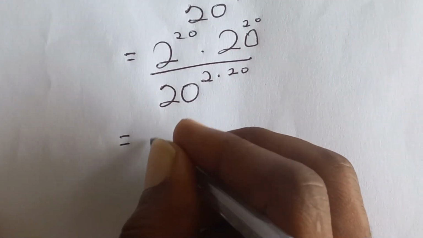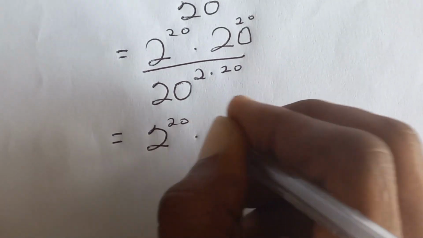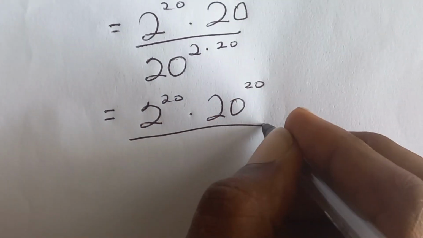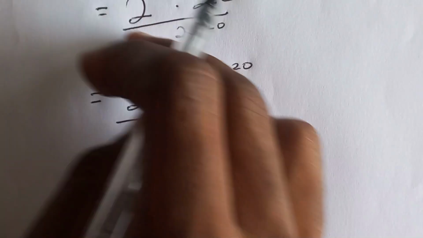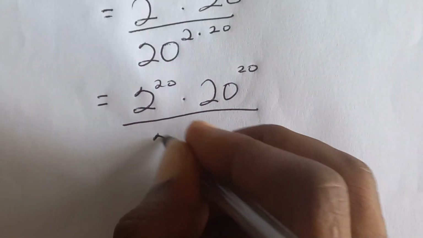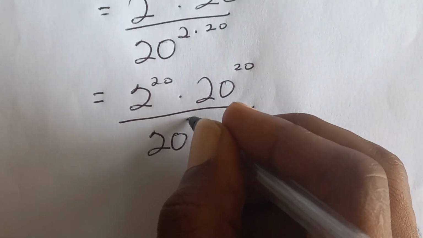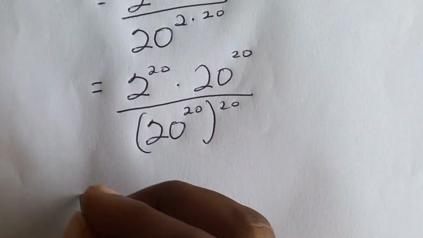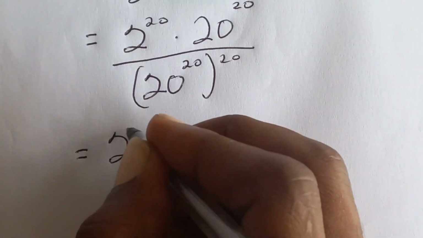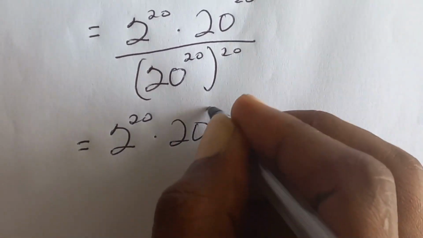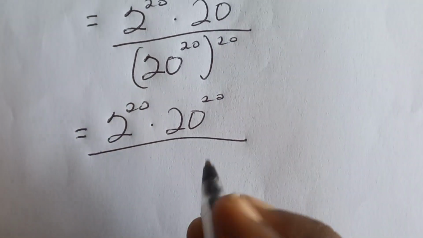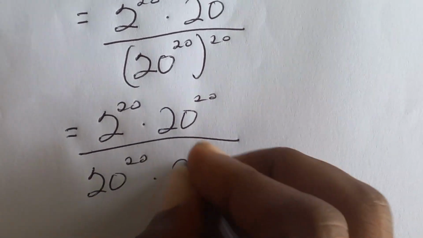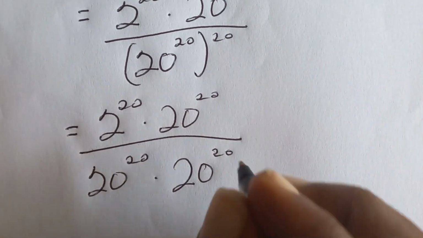So which is equal to 2 exponent 20 multiplied by 20 exponent 20 on this here can be written as 20 exponent 20 bracket squared. Okay, so which means that our 2 exponent 20 multiplied by 20 exponent 20 over this is the same as 20 exponent 20 multiplied by 20 exponent 20.